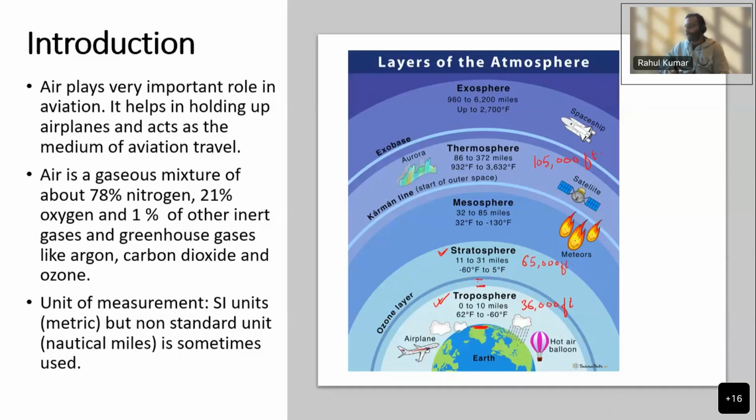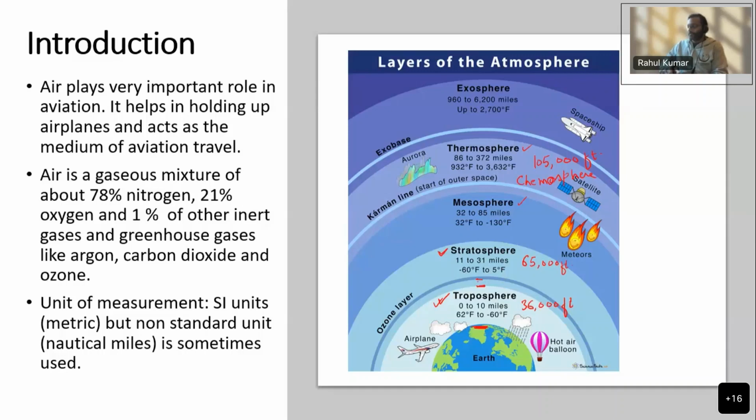Then you have the chemosphere. The chemosphere is basically the mesosphere and thermosphere combined, and we call them together the chemosphere.